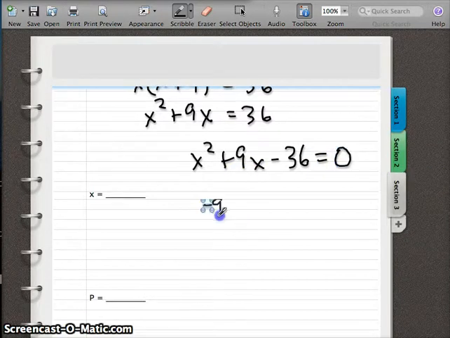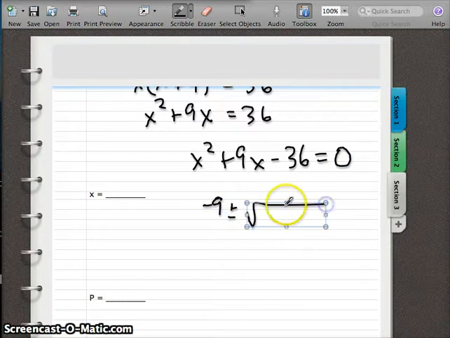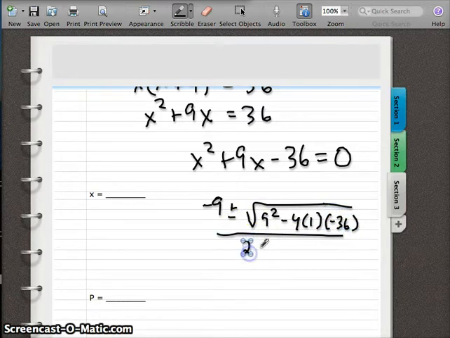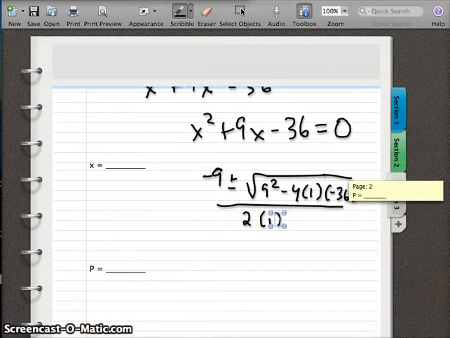Opposite of b, so negative 9, plus or minus the square root of b squared, so 9 squared, minus 4 times a, which is 1, times c, which is negative 36, all divided by 2 times a, which is 1. Simplify under the radical.